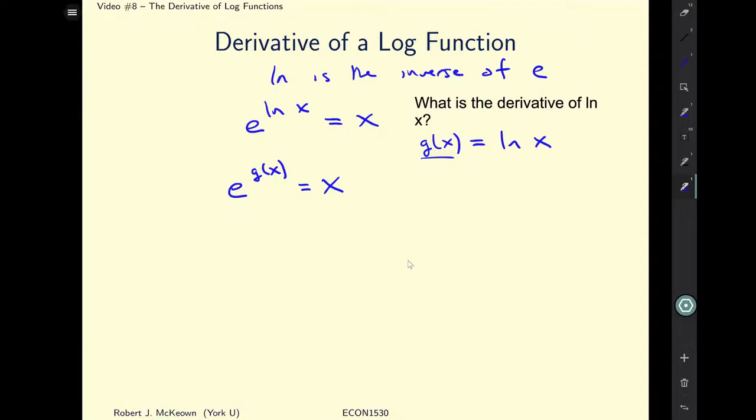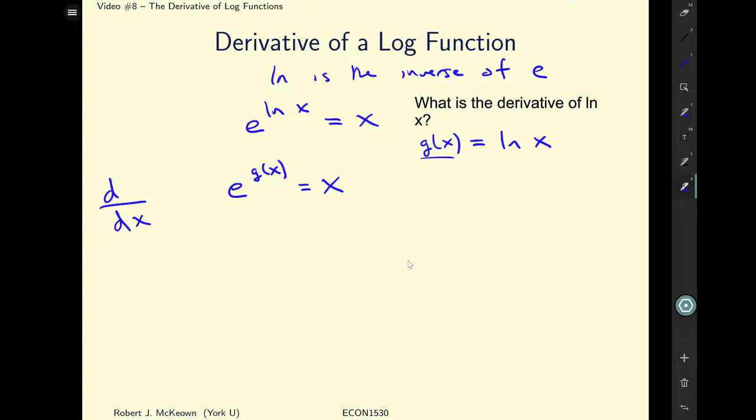Now, I'm going to take the derivative of both sides. So I'm going to take the derivative of this thing with respect to x.